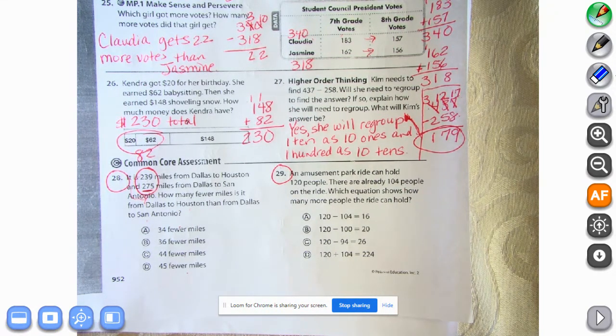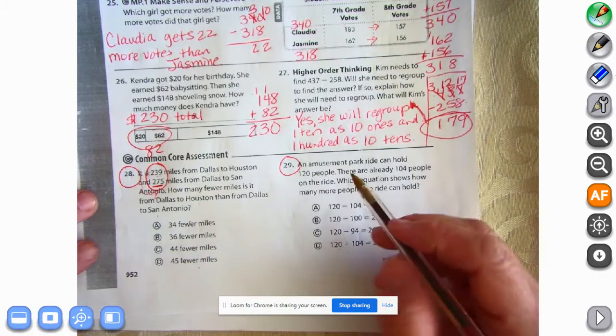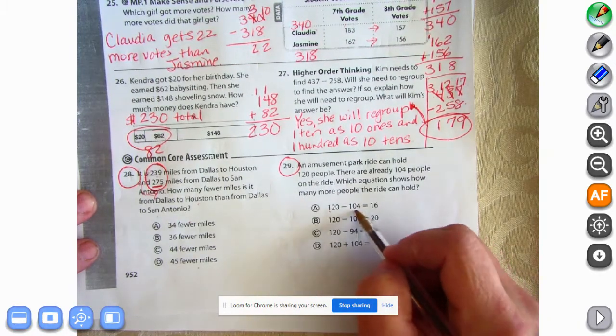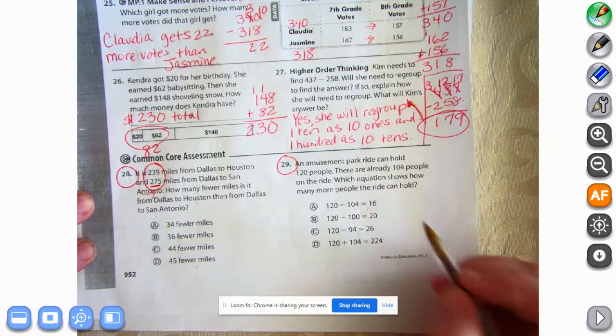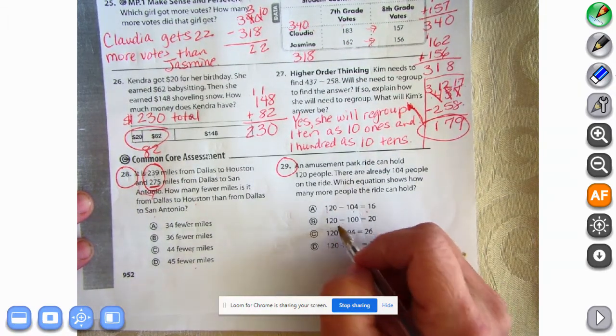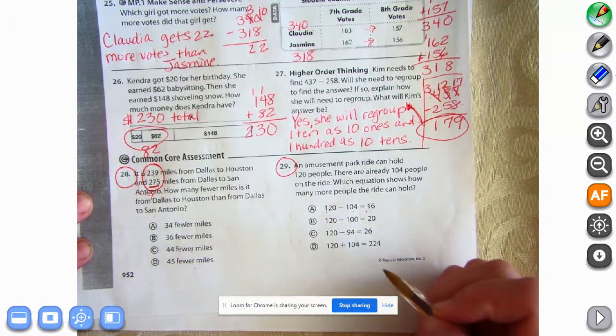Okay, number 29 says, an amusement park ride can hold 120 people. There are already 104 people on the ride. Which equation shows how many more people the ride can hold? Would you do 120 minus the 104 will equal 16? Would you do 120 minus 100 is 20 people?